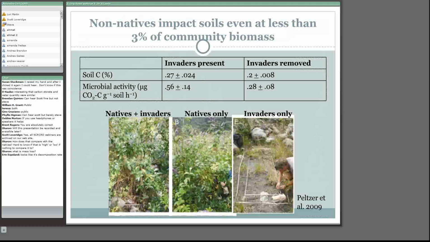Now, was that activity beneficial? Was it directly induced as a result of the invaders? That's hard to say, but there's an effect that's occurring, and the main point is that even in small populations, there is an effect, especially on soil and soil microbial components.